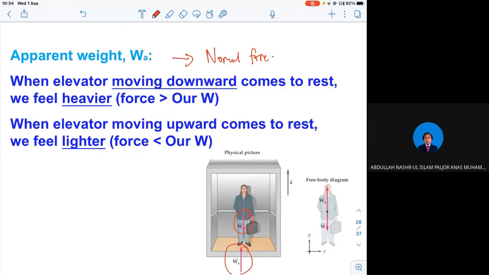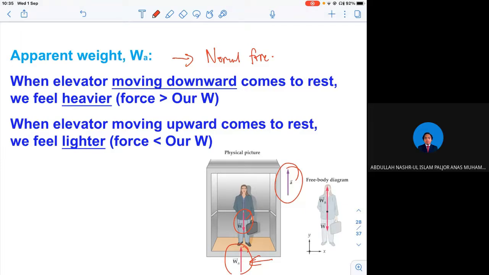And you can see here there is some apparent weight. Why is it apparent weight? Because this weight depends on the acceleration and will always change from time to time. That apparent weight is due to the acceleration of the elevator.